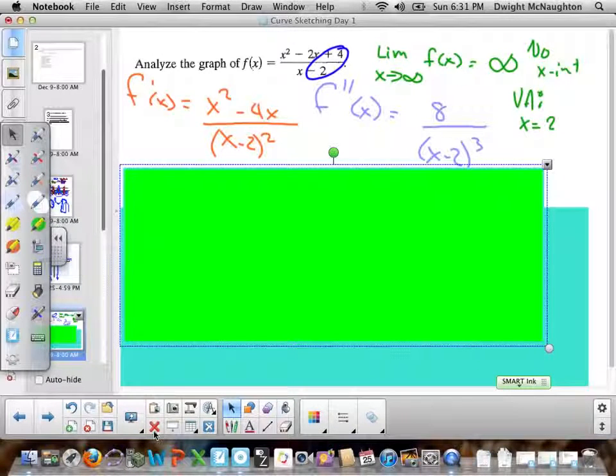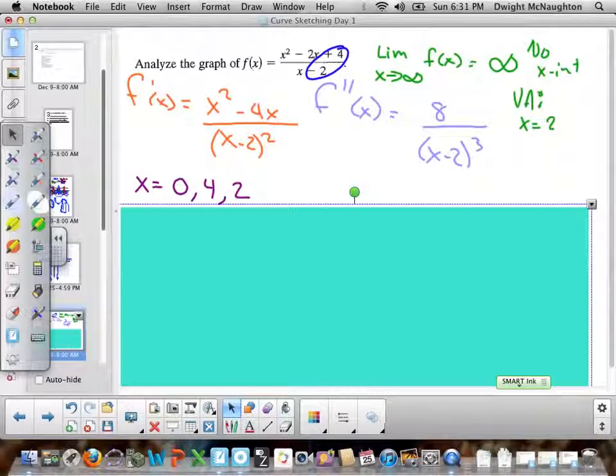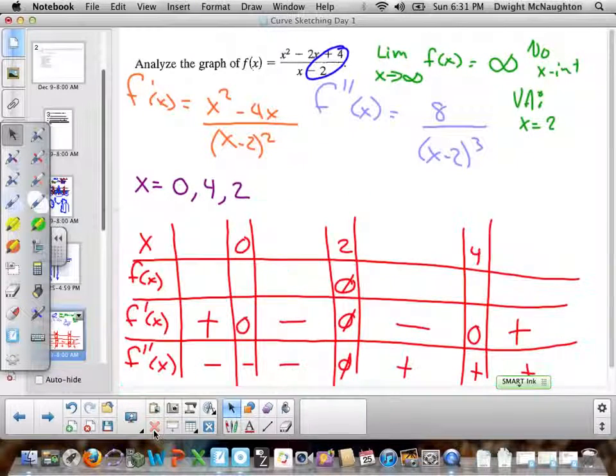Our critical numbers, from the first derivative: our bottom is 0 when x equals 2. Our top is 0 when x equals 0 or 4. There's no new critical numbers from the second one. So we make our sign chart. All right, so as we take a look, we should evaluate our function at our critical numbers. We can't evaluate it at 2 because that's an asymptote.